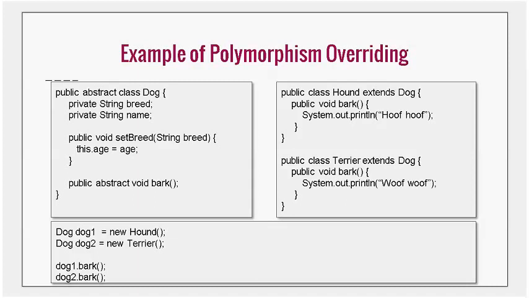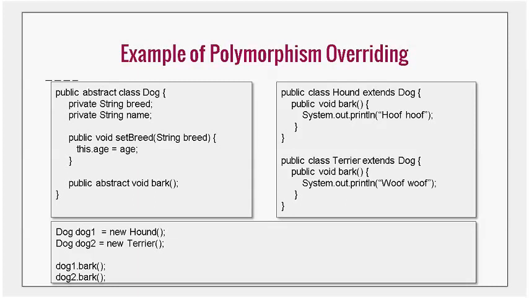Now here we are going to use these classes. So we just say dog 1 equals new hound. So this dog is referencing the hound object, and the second one, dog 2, is referencing the terrier object.